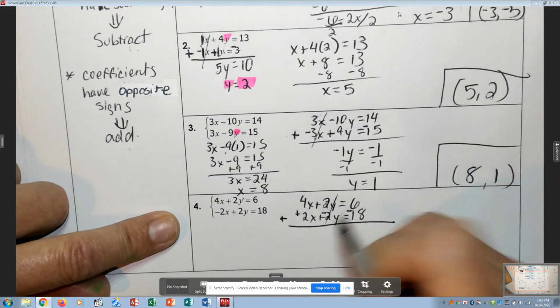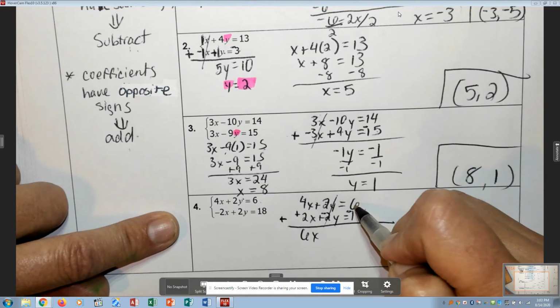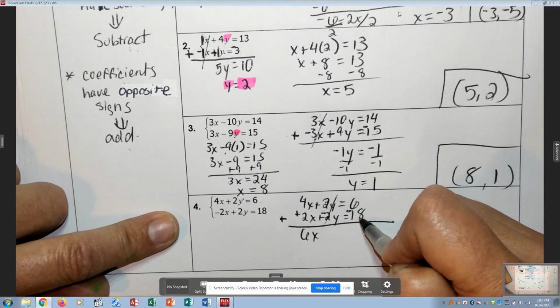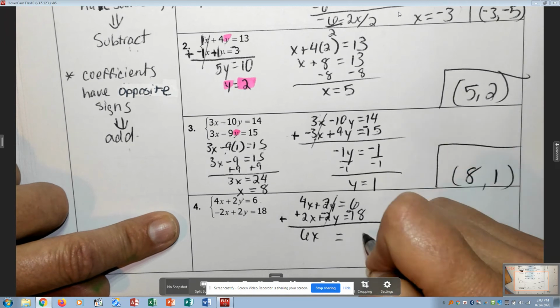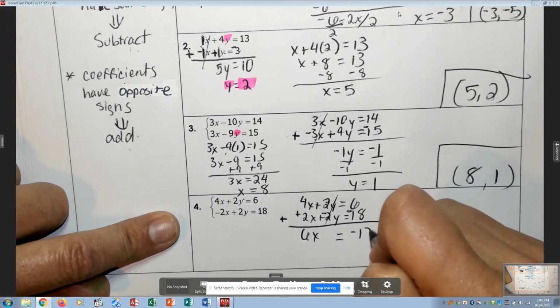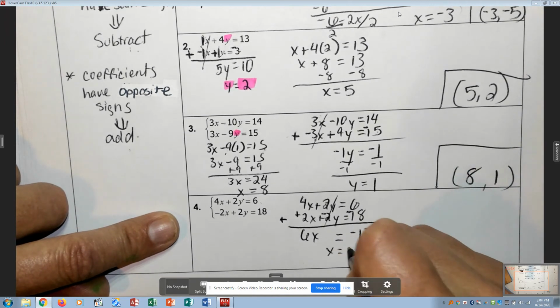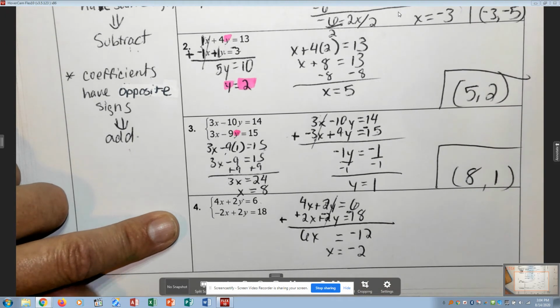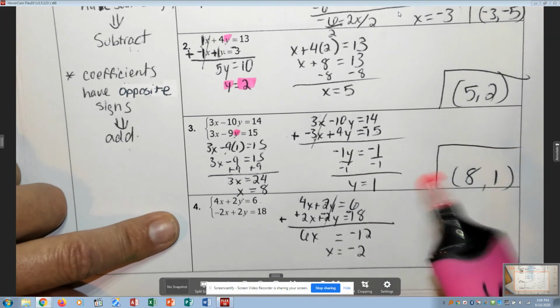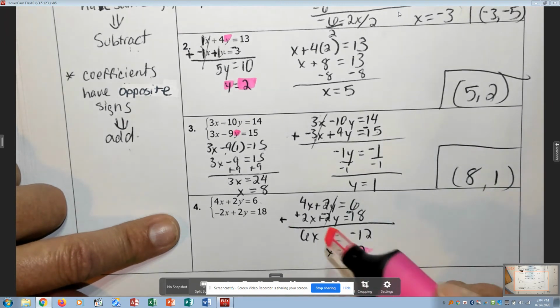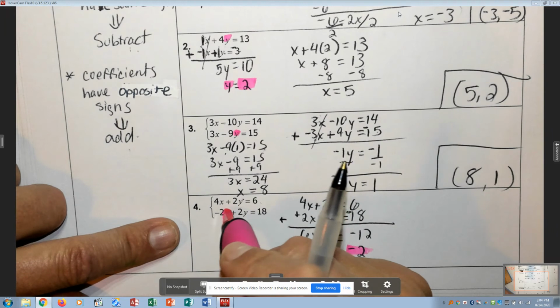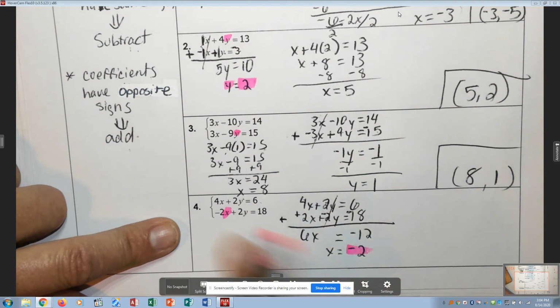4x plus 2x is 6x. 6 plus negative 18 is negative 12. So x is equal to negative 2. Okay. So if x equals negative 2, I need to plug it in for an x. Which one am I going to do the least amount of work? I'm going to plug it in here because I know a negative times a negative is positive.